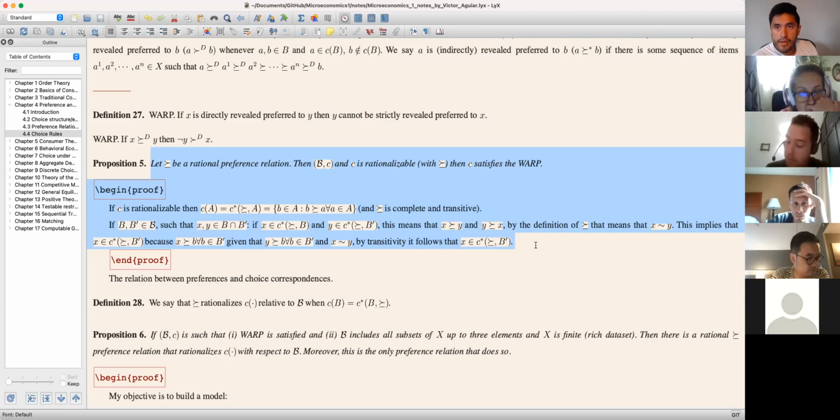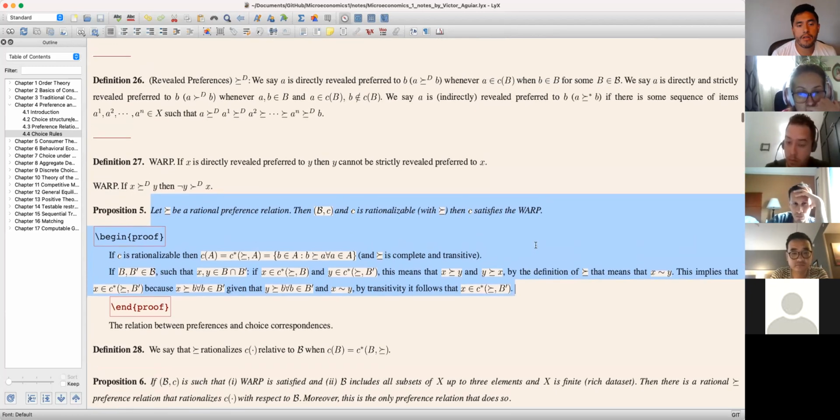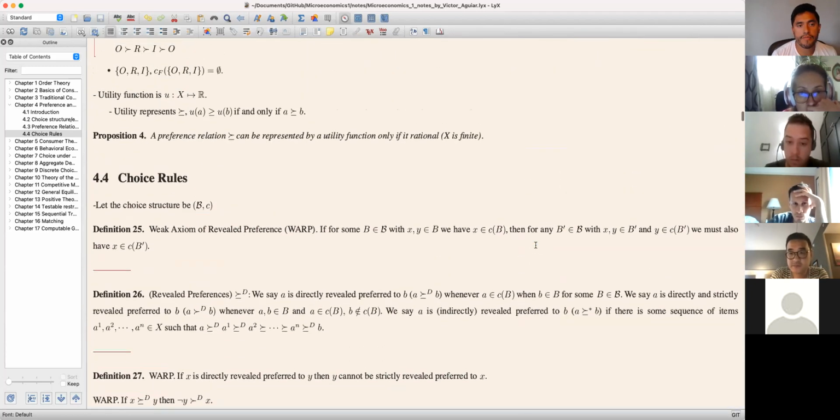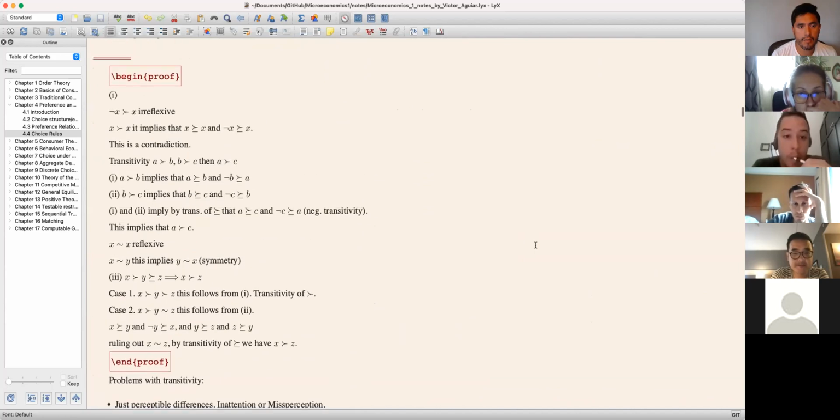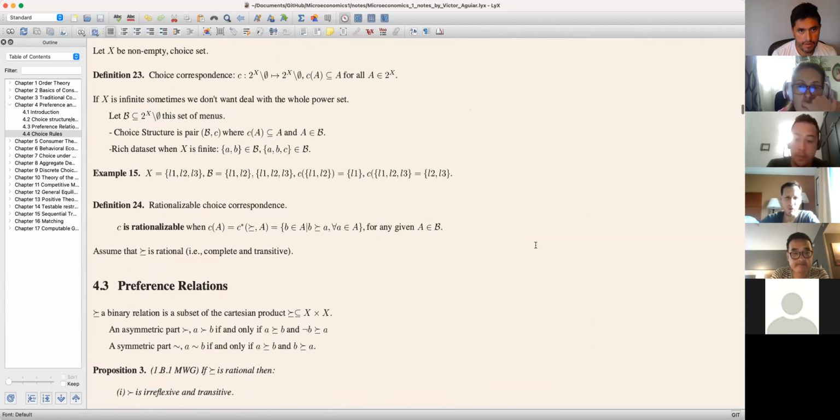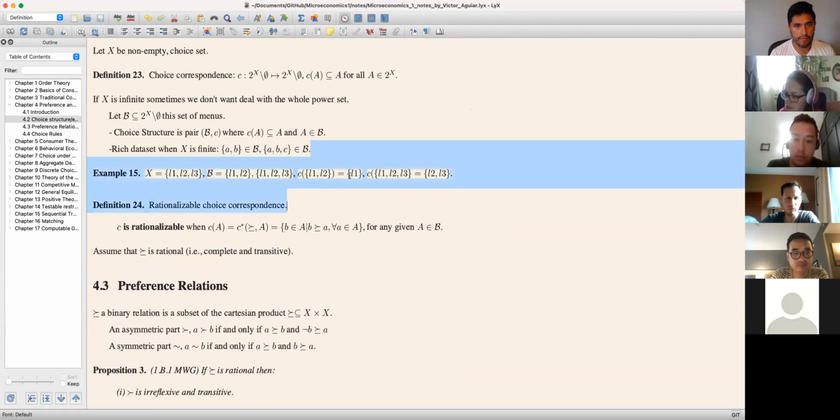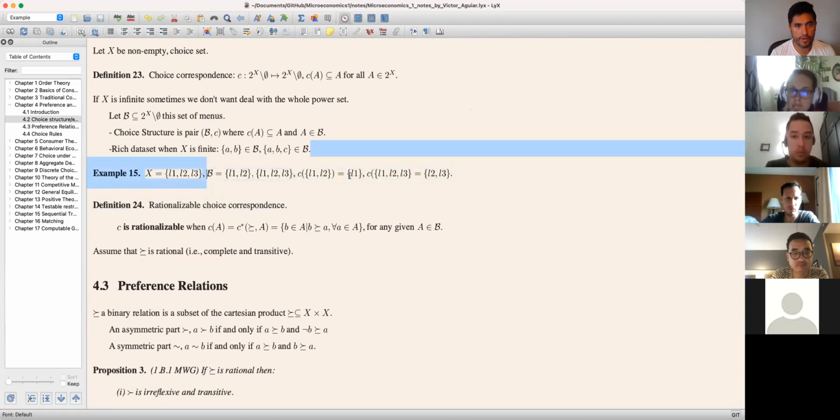Okay. So now let's go with these tools to the example that we did at the beginning of the class. Okay, so let me copy it. And we're just going to take it and try to see if it satisfies WARP.